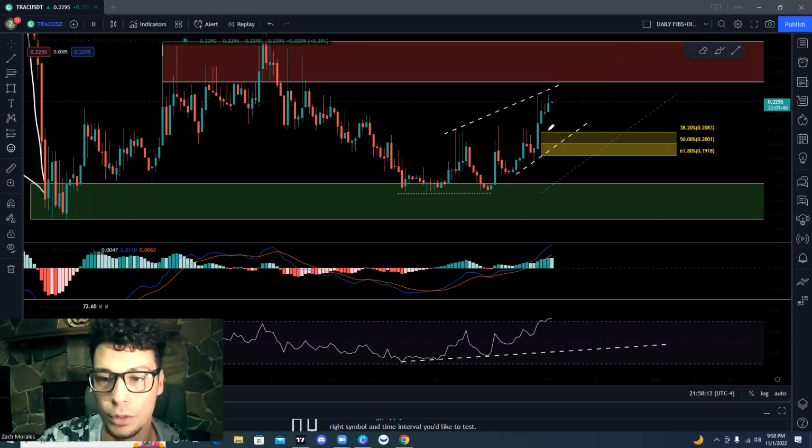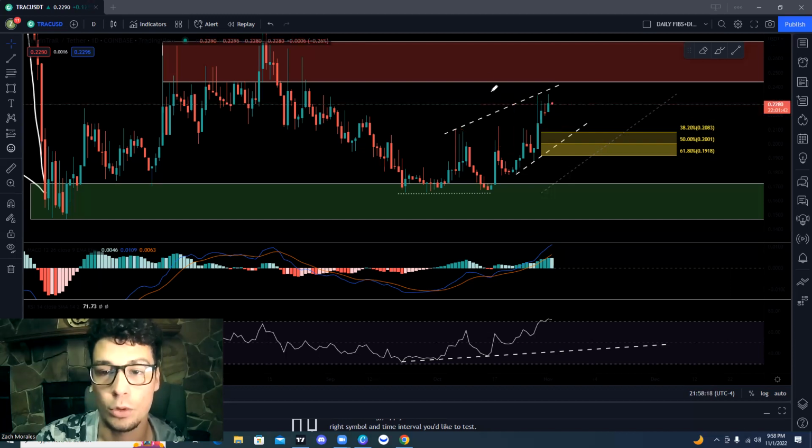Now, just because we have a bearish chart pattern on here, it hasn't played out yet. It's still setting up. If we continue pushing higher and make a higher high right here, it's going to turn into less of a rising wedge and more of a bullish channel.